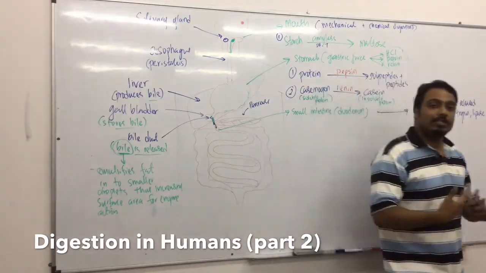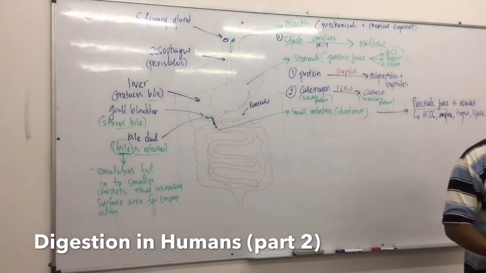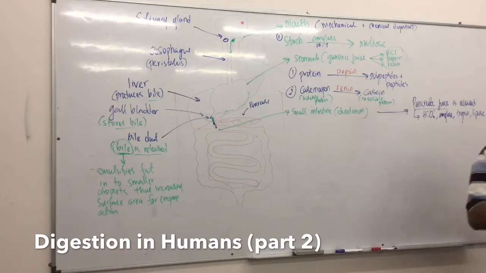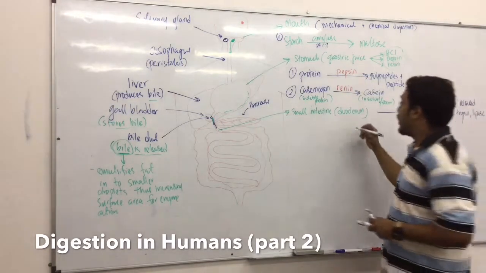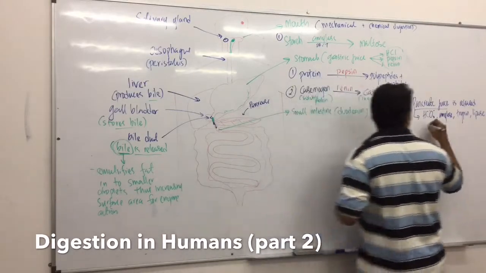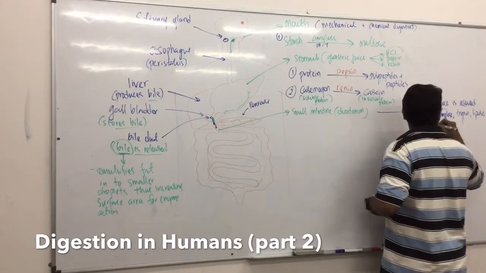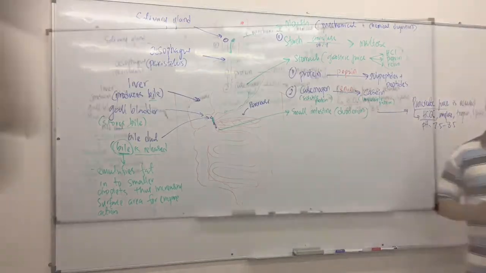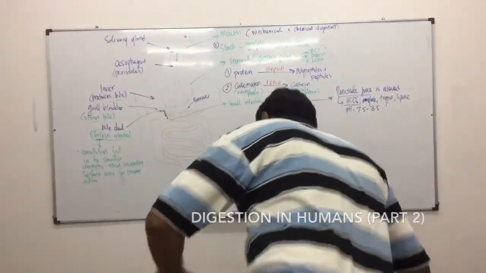It neutralizes the acid a little bit. In combination with hydrogen carbonate ions, you will obtain a pH of approximately 7.5 to 8.5. That's the optimum pH. Hopefully the battery lasts till it finishes.